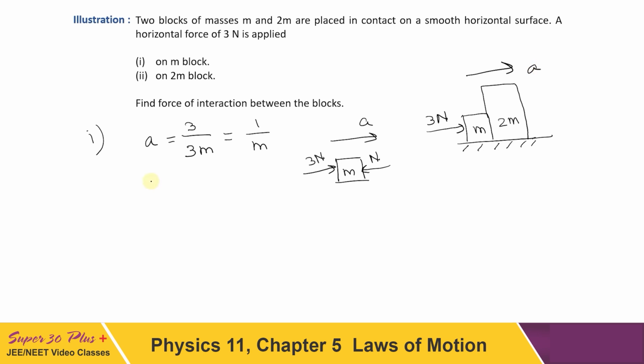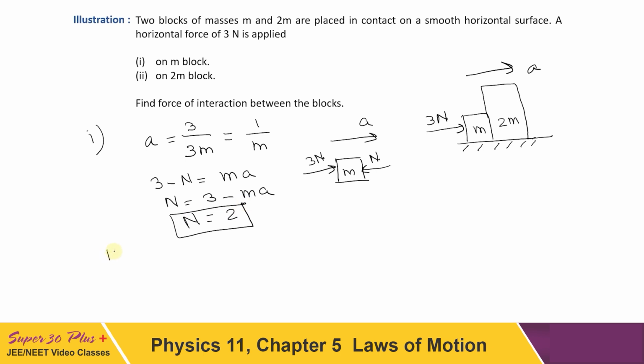So we write 3 minus N is equal to ma, and from here N is equal to 3 minus ma. On substituting the value it will be 2 Newton. So this is the normal force acting between the blocks m and 2m.